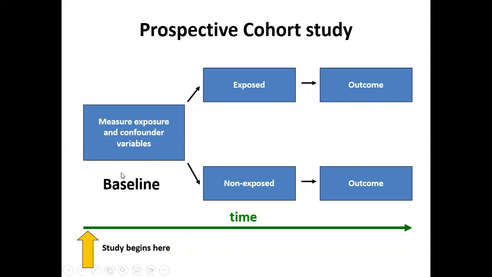So at baseline, we will measure the exposure to know if it's present or not. And also, this is some sort of advanced design in which you can also record the confounder variables. For example, maybe younger people are more prone to develop leukemia if exposed to a high dose of radiation than adults. So at baseline, at the beginning of the study, we should record the ages.